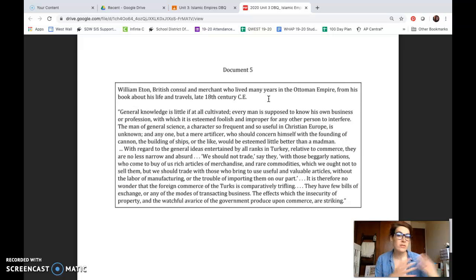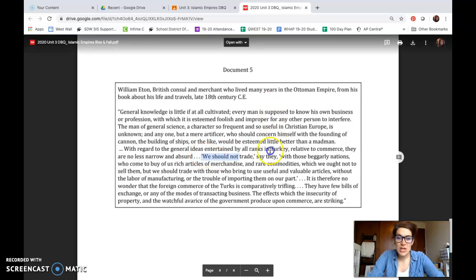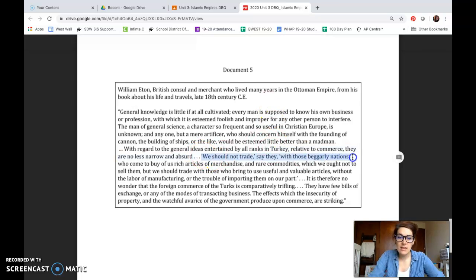They're not going to be trading with the Europeans specifically, because they see them, and you can see here in these lines, "We should not trade, say they, with those beggarly nations who come to us to buy all of our riches." And so they see the Europeans as inferior during this time. That would be something that I would address in these documents.